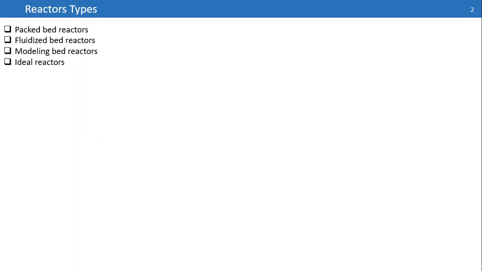The second type is fluidized bed reactors. This type of reactor brings about a high mass transfer and heat transfer coefficient, which helps to overcome limitations.